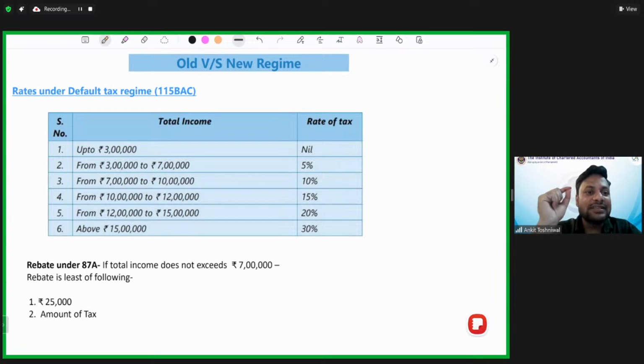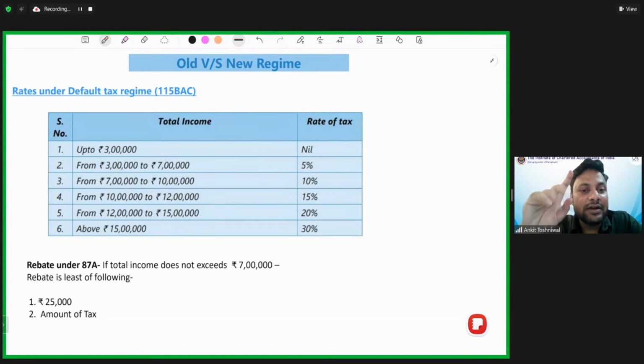No, default regime means, for individual and HUF, there are two regime schemes: old, that is according to the old provisions of the Act, and new regime, that is according to section 115BAC. Right? So the new regime is the default regime. This means the assessee, individual or HUF, has an option either to opt for the old regime or they can opt for the new regime.